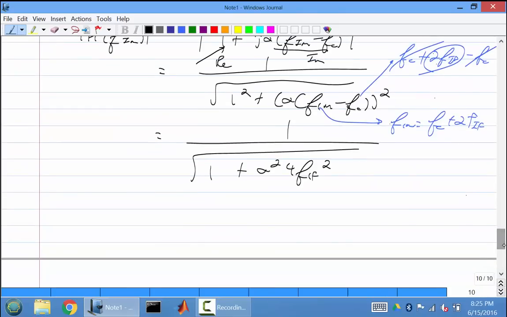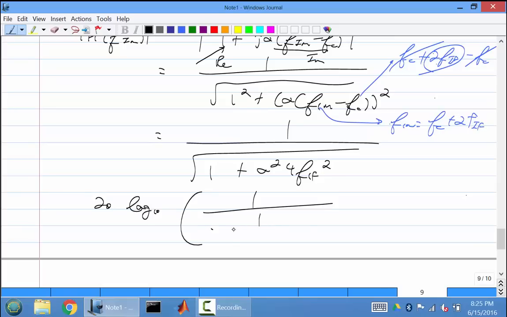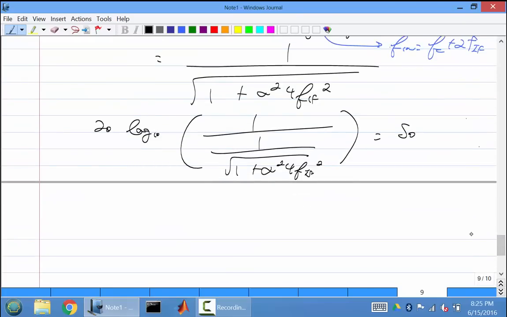Okay? So now that I have this here, now I have to put in 20 log 10. So this becomes 1 divided by 1 divided by, equals 50. All right.